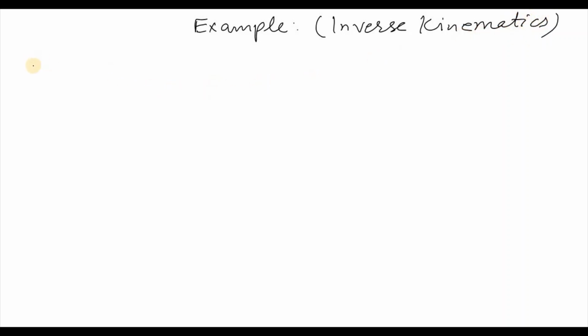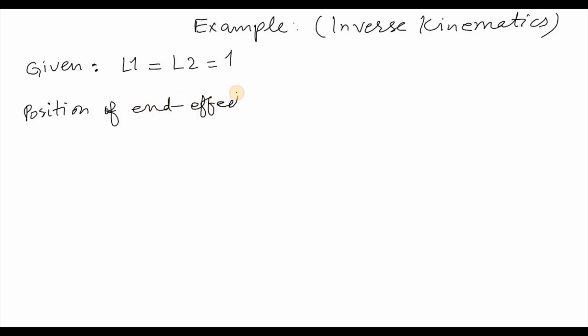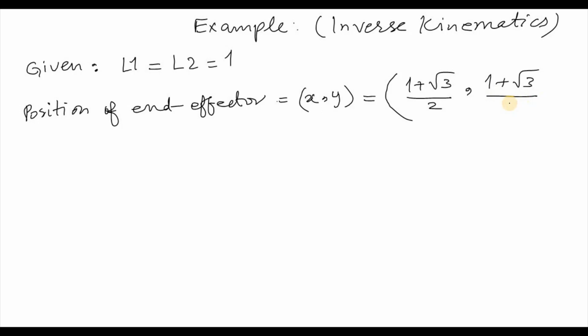Okay, so what we have given is, we have L1 is equal to L2 is equal to 1, and the position of your end effector is xy, and this is equal to 1 plus under root 3 divided by 2, 1 plus under root 3 divided by 2.